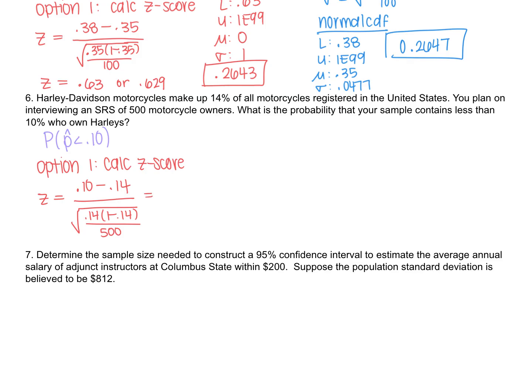And that will give us negative 2.58. So we go to normal CDF. Our lower bound is going to be negative 1E99. The upper bound is negative 2.58. Mean of 0. Standard deviation of 1. And we get 0.0049.